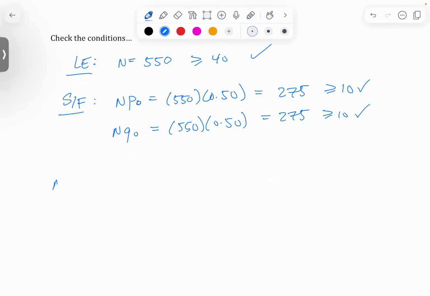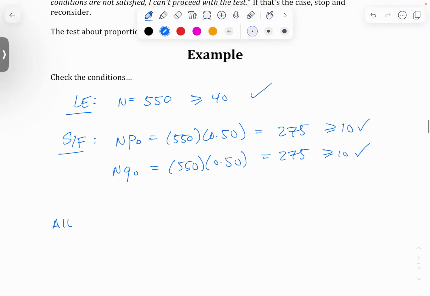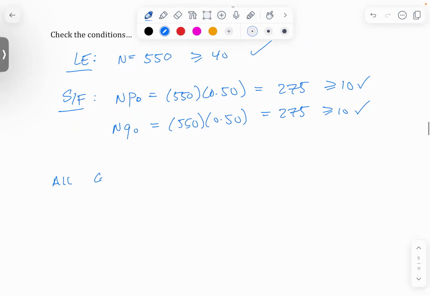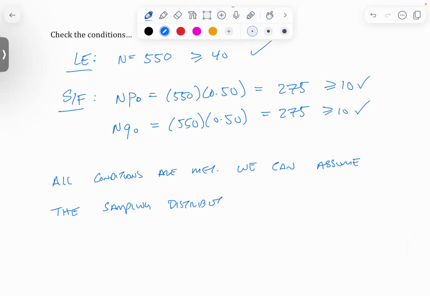All conditions are met, so we can assume the sampling distribution of p hat is normal. Remember, if any of those individual conditions fail, it all fails.